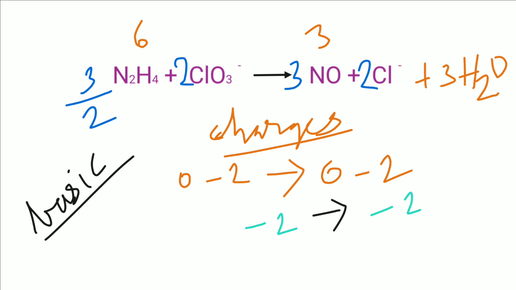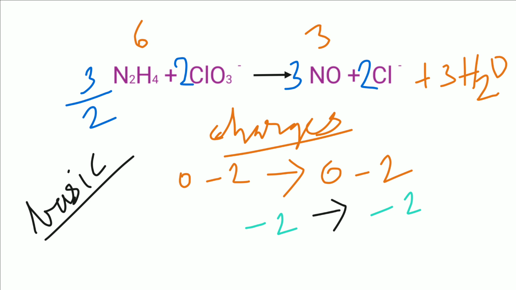Hydroxide ions need to be added on the appropriate side. But here the charges are already equal. Therefore, there is no need of adding hydroxide ions on either side.